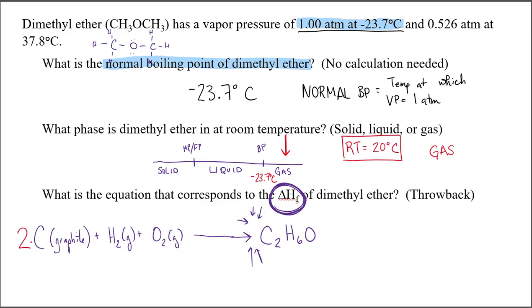So we need a coefficient of 2 in front of the carbon, a coefficient of 3 in front of the hydrogens, and in front of the oxygen, we have a 1/2. It has to do with formation of 1 mole of compound from its elements. So this is the equation that corresponds to the delta H of formation.